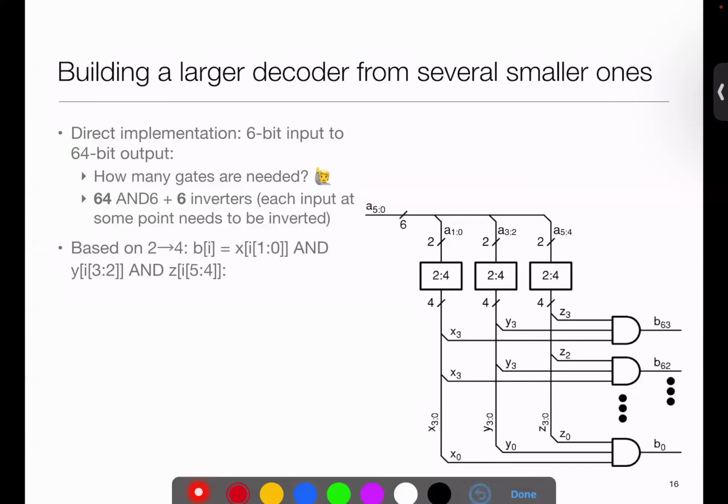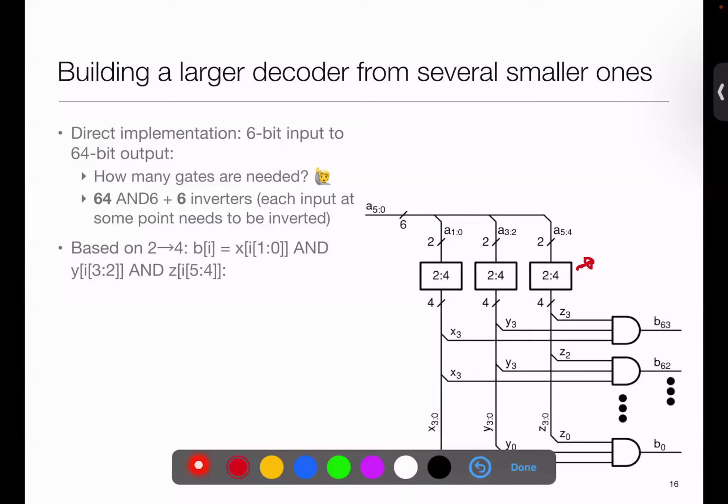How many gates does a 2 to 4 decoder need? We saw that. Anyone? What did we have in the 2 to 4 decoder implementation? So I have 2 bits here. So I will need 2 NOT gates.